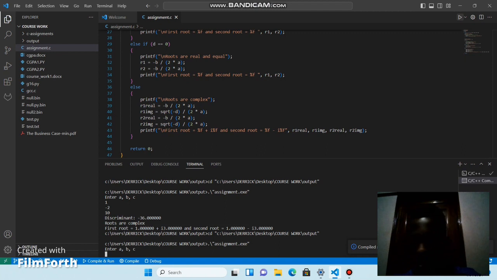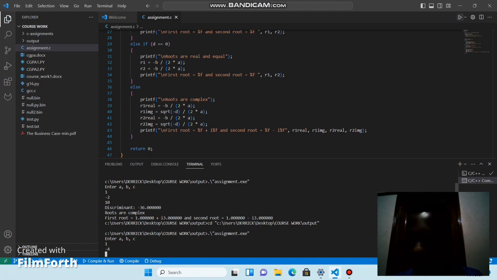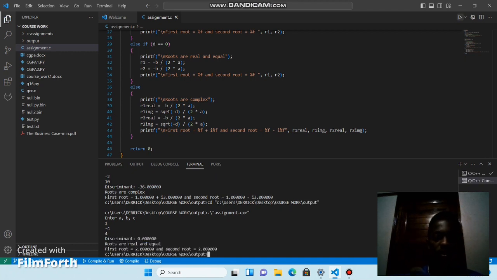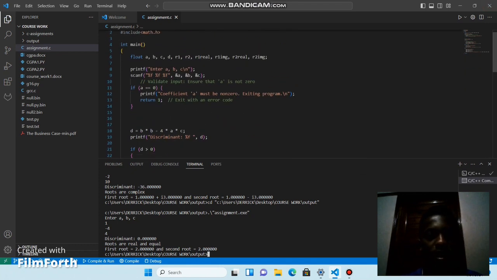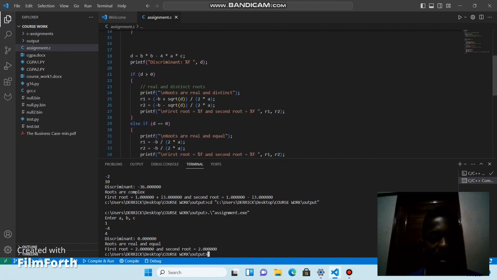You're going to put 1, then input -4, and then we shall put another coefficient in the place of c, which is 4. So now it has first calculated the discriminant, as we discussed in the previous one, and that discriminant is exactly equal to 0.